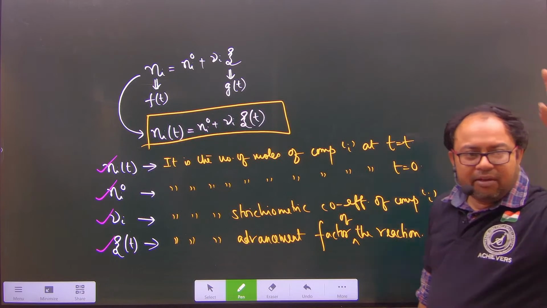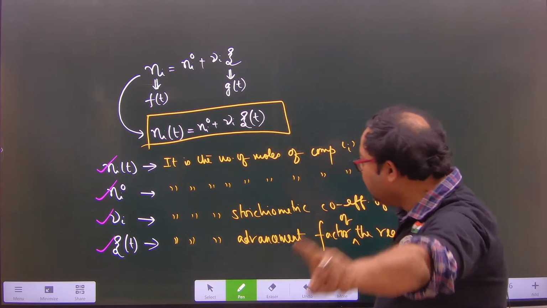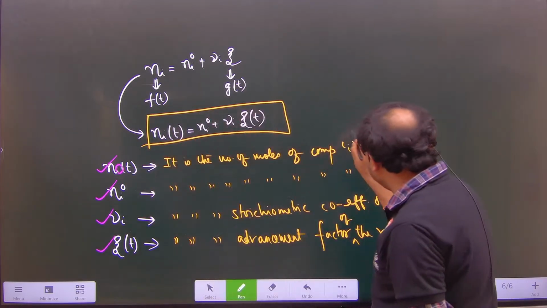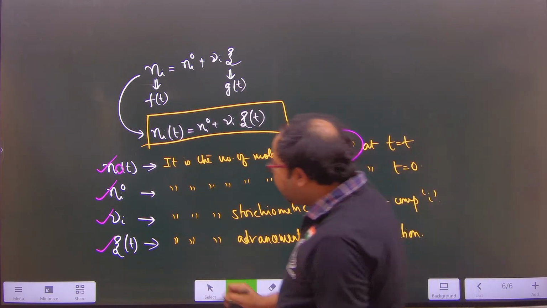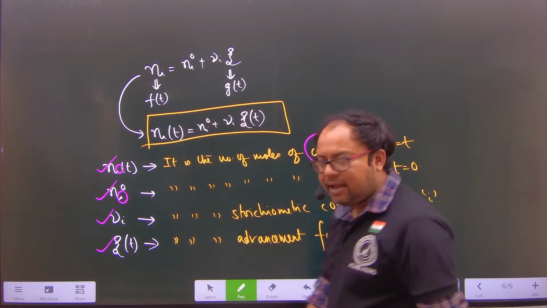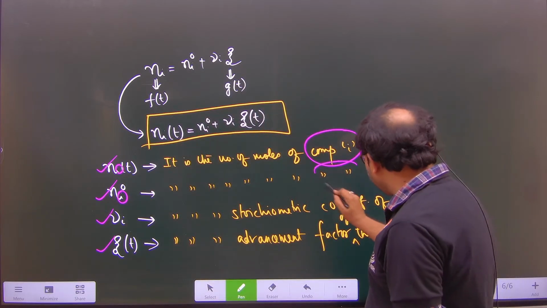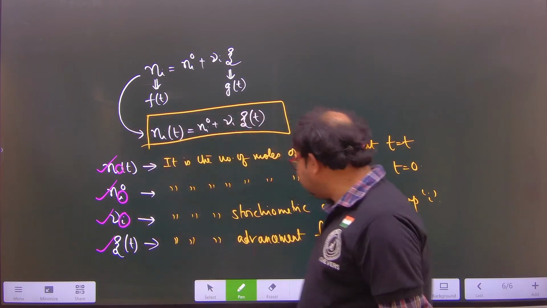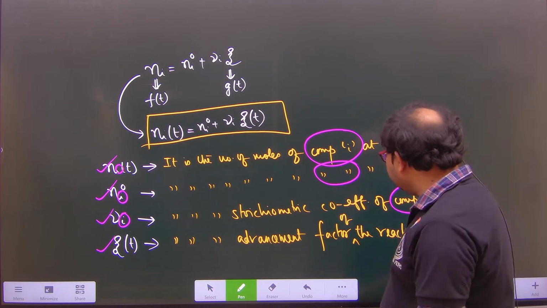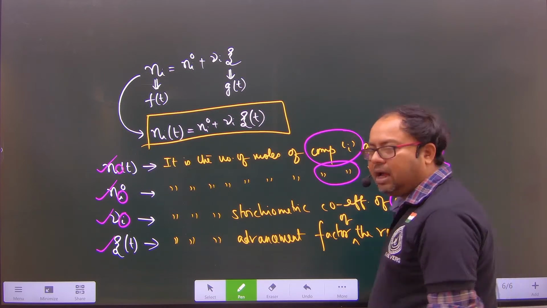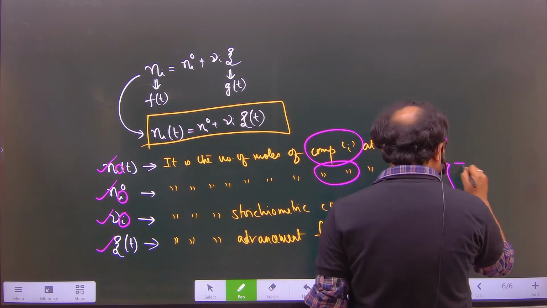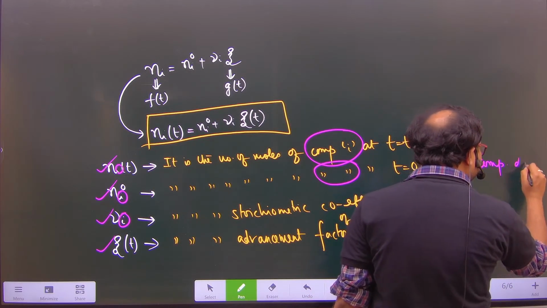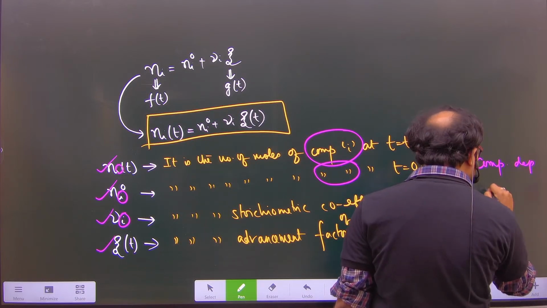The answer is very clear. You see, Ni has got a suffix i. That means it is related to component i. Ni naught has also got a suffix i. That means it is related to component i. Nu i has also got a suffix i and it is related to component i. So all these three terms are basically component dependent terms.